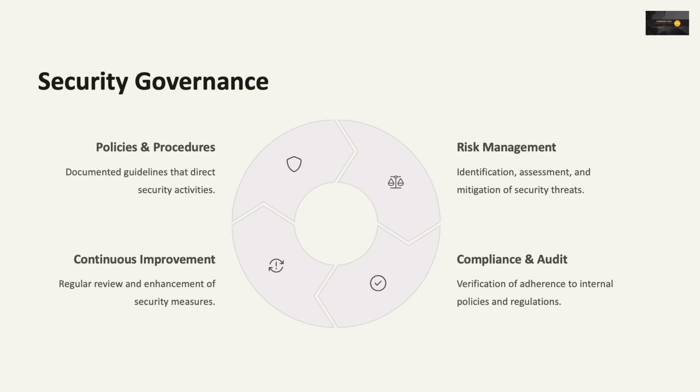And the key elements of security governance include defining security policies and procedures, conducting regular risk assessments, and ensuring compliance with laws and industry regulations. Setting up roles and responsibilities is also a part of security governance for cybersecurity. And strong governance always leads to proactive security rather than reactive firefighting.